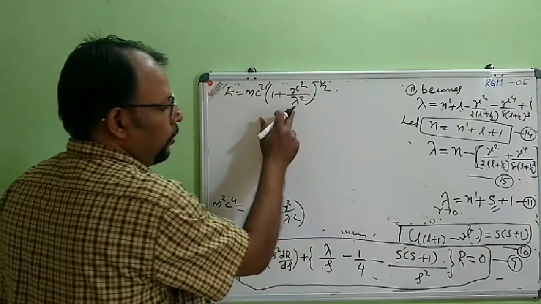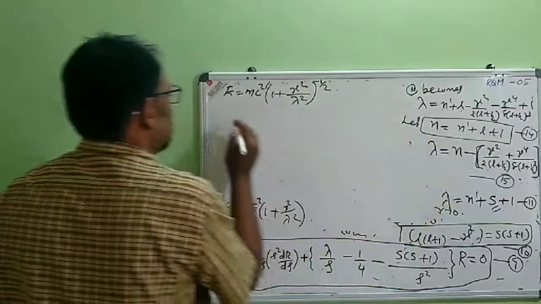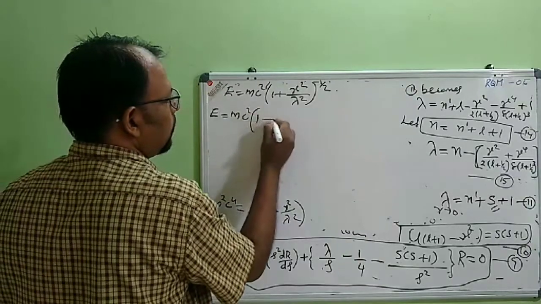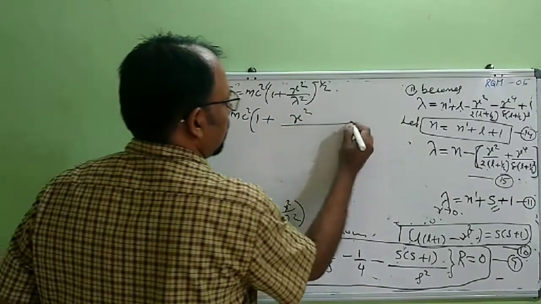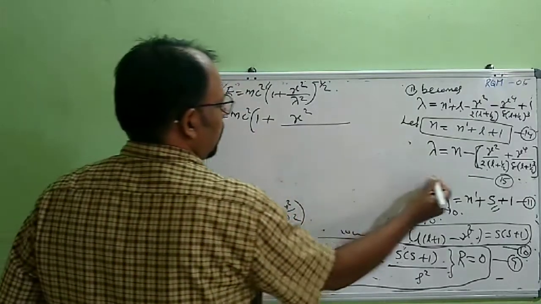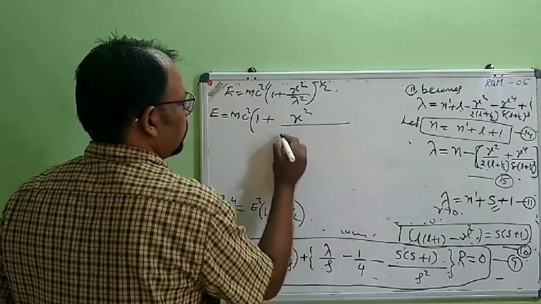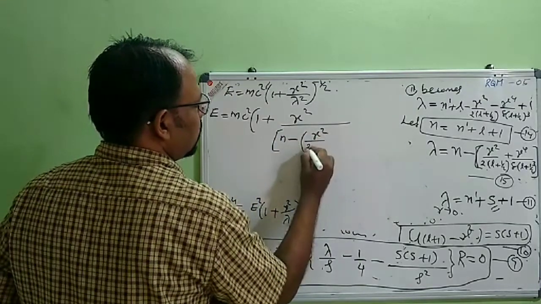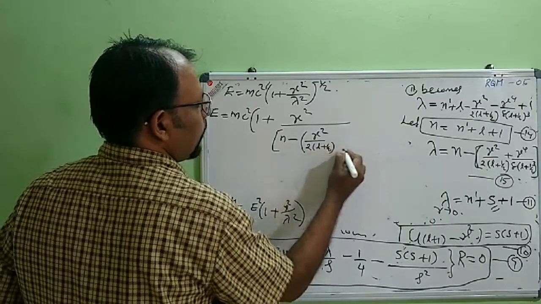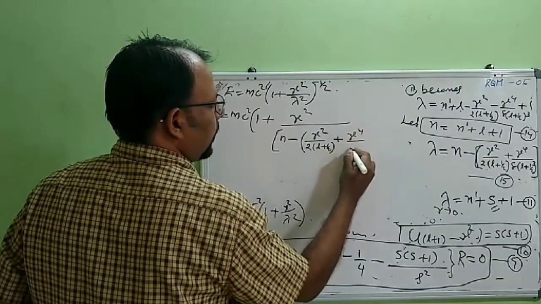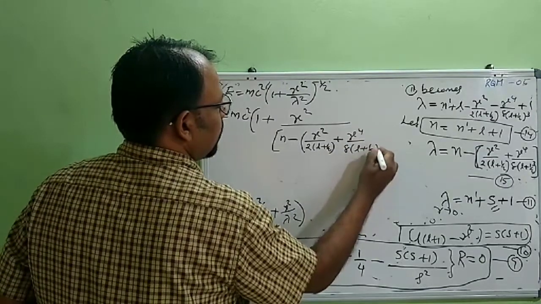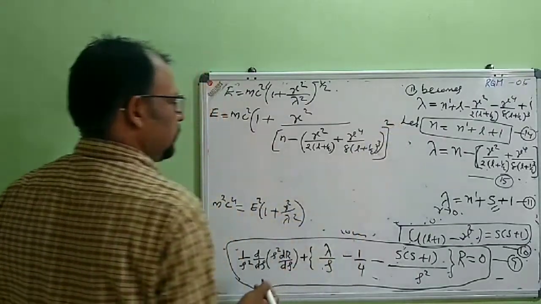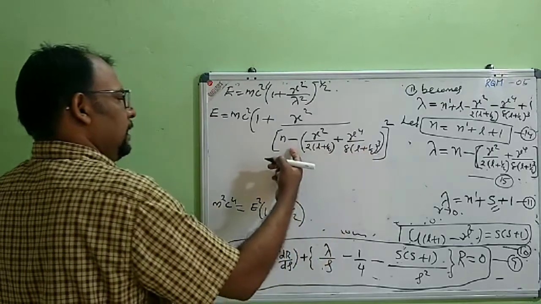Now substitute the value of lambda from this equation. So we will be having e equal to mc square into 1 plus gamma square by lambda square, where lambda is n minus gamma square by 2 L plus half plus gamma raised to 4 by 8 L plus half the whole cube, the whole square. From these terms, take n common.